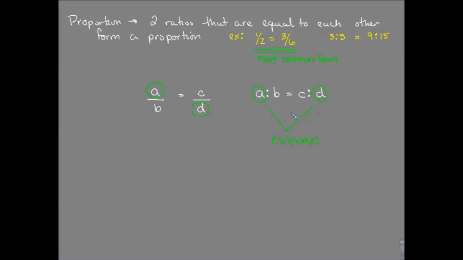And it's easier to see when it's written not as fractions because the extremes are on the outside. But with fractions, you've got the top and the bottom outside. So these are extremes. And then the inside numbers are called the means.